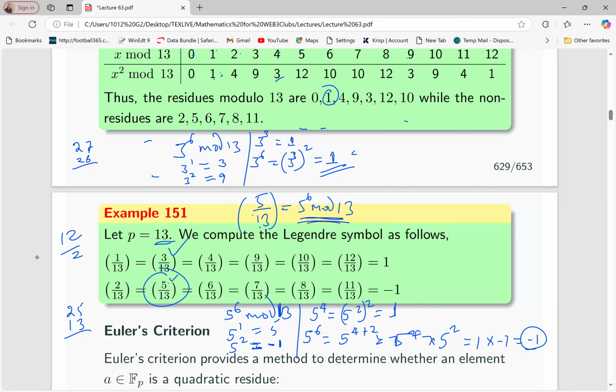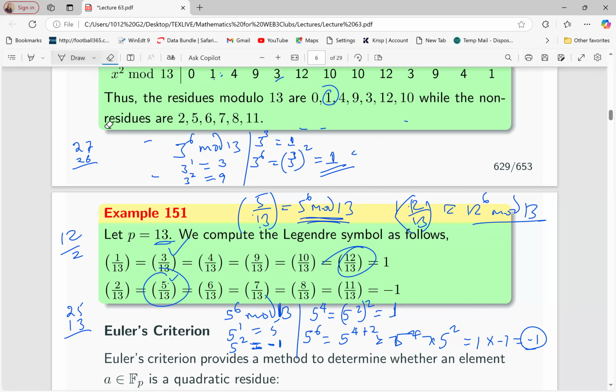And even this 12 does not mean 12 divided by 13. What it means is 12 raised to 6 mod 13. That's what the Lagrange symbol means.